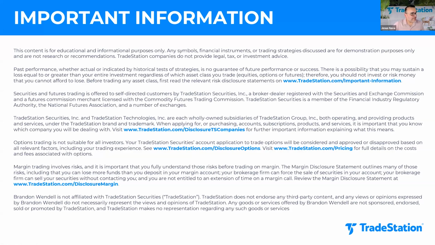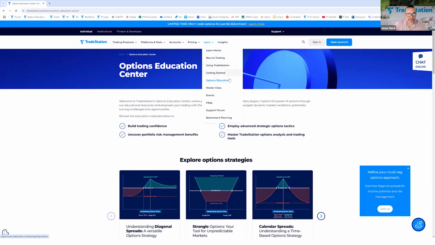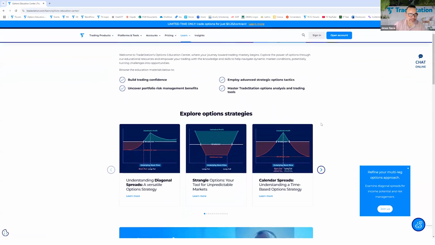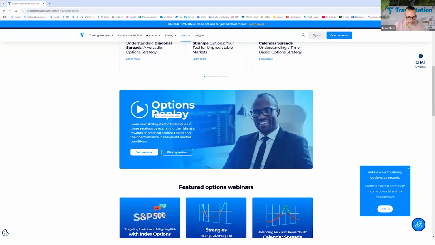I also wanted to show everyone where to find these presentations. What you're looking at right here on my screen is the Options Education Center. In order for you to arrive here, you have to go to tradestation.com, hover over Learn, and you see Options Education. As part of the Options Education Center, if you scroll down a little bit, you'll see a banner for Options Replay.